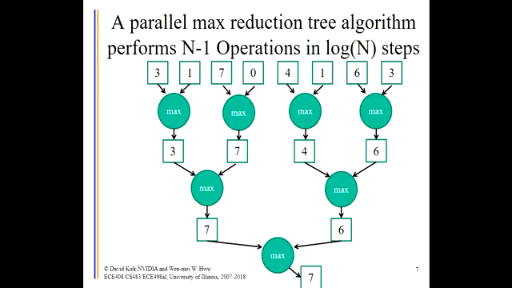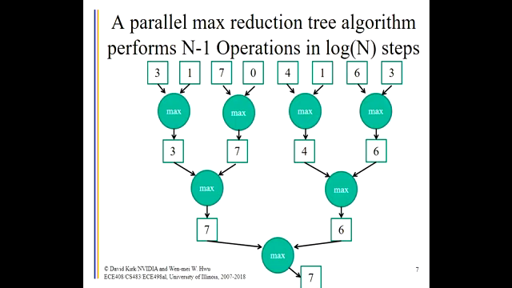This is the fundamental reason why reduction trees give you speedup: instead of a linear sequential process taking n steps to get your final answer, using half n threads, you are able to get the answer in log n steps.